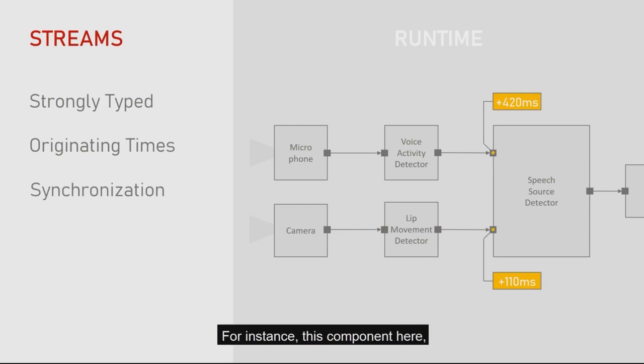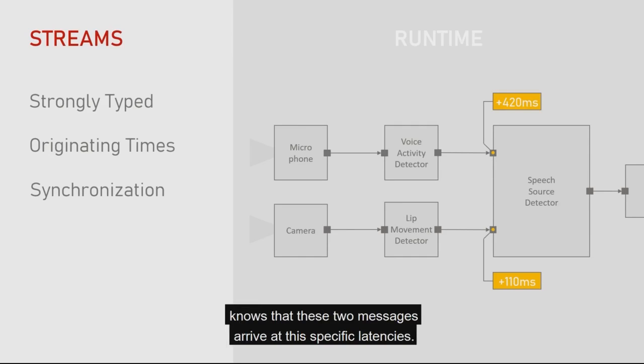For instance, this speech source detector knows that these two messages arrive at these specific latencies. So as messages arrive, it can buffer them and pair them according to when they happen in the world as opposed to when they arrive at the component.